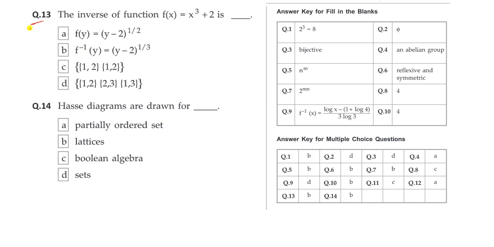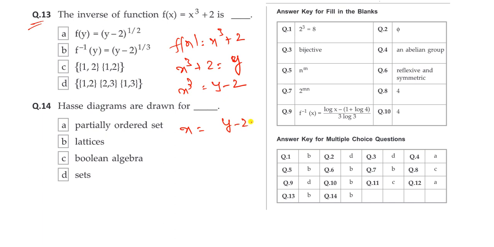Now come to the 13th question: the inverse function. f of x equals what? x cube plus 2. That means x cube plus 2 equals y. Then x cube is equal to y minus 2. Then x equals what? (y minus 2) whole to the power of 1 by 3, the cube root.